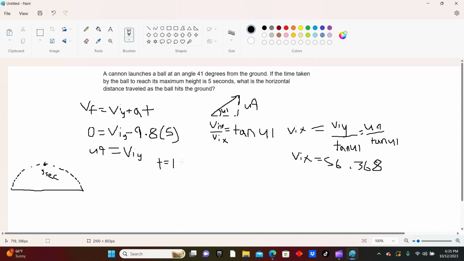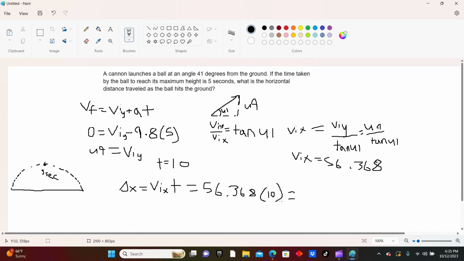So t equals 10. And then we can just use the displacement formula. So delta x equals VIX times time, which is equal to 56.368 times the time of 10.